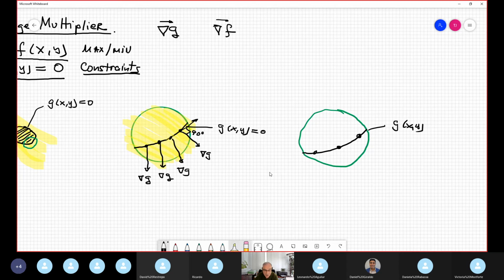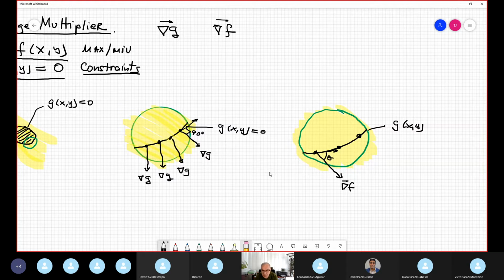But in this case, I want to analyze the position of the gradient of f. Suppose at this point the gradient, this is a supposition, guys, looks like that. Now, this is the tangent vector, no? And the angle between the gradient and the tangent vector is acute.